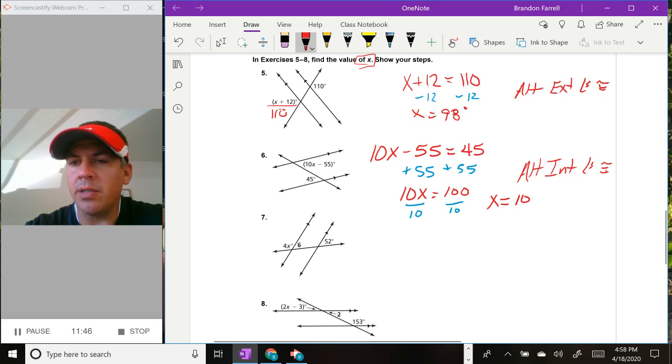But the simpleness of that equation is utilizing your knowledge of what the angle pair is, what the relationship is, and then being able to create that equation.